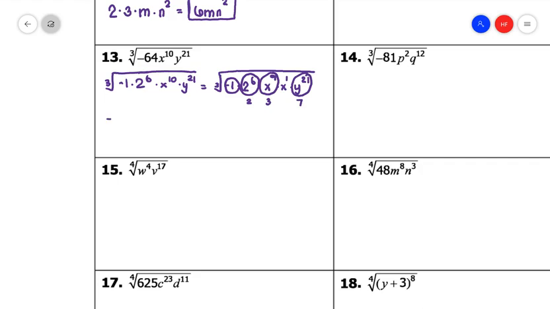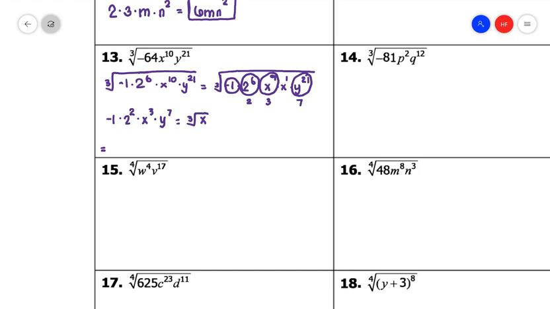So we're taking out a negative 1. We're taking out 2 2's. We're taking out 3 x's. And we're taking out 7 y's. And then left on the inside, we still have that x.